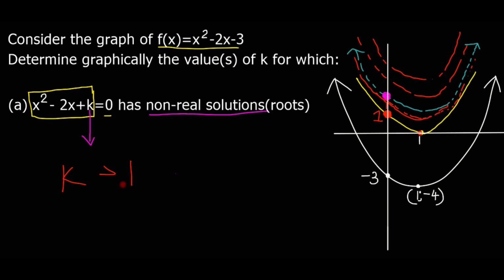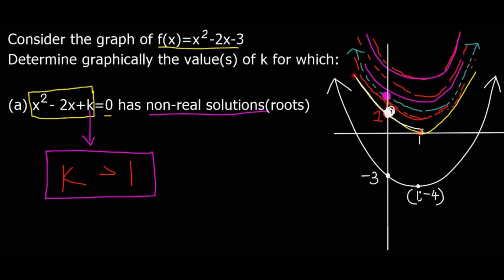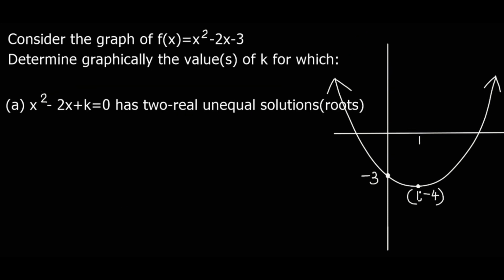So answering this one we say k is greater than 1 because we are not specific. Even at this point it is all above, even at this point it is all above. That is why we are just saying k must be greater than 1, because when k is equal to 1, our y-intercept is 1 and it touches at 1 point. We don't want it to touch at all, we want it above. So this is our answer, we say k is greater than 1.